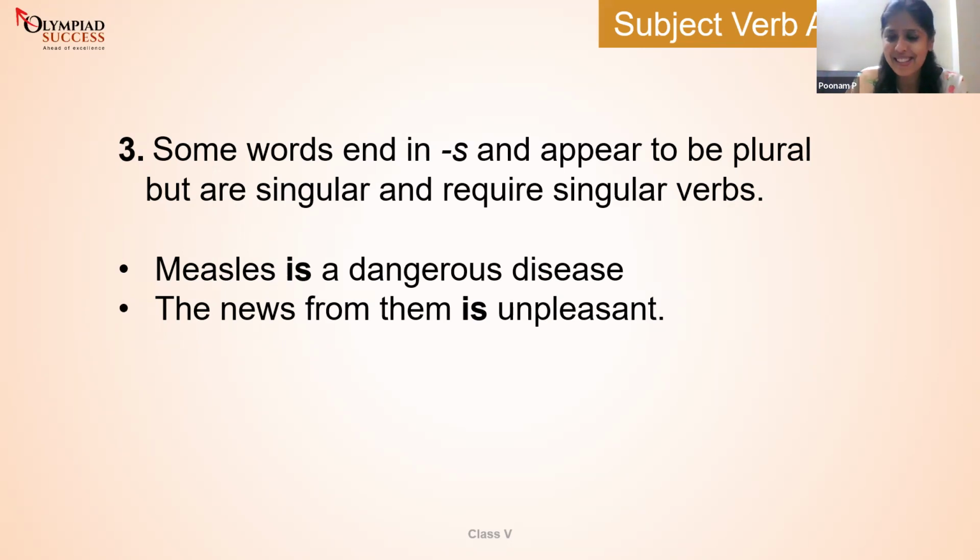It completely changes the meaning, isn't it? The word itself has S in it. So, not to get confused, we have many more words like that which we will learn, but just because a word ends with S, do not consider it plural. No, they are still singular and require singular verbs. Measles is a dangerous disease. The news from them is unpleasant.